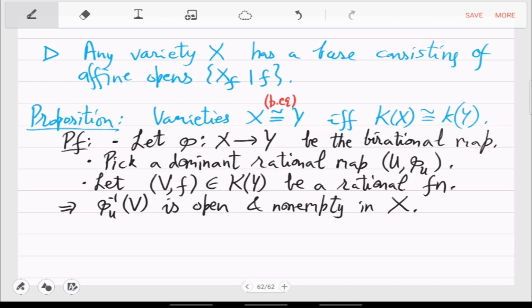This is the thing which needed some proof actually. In the case of morphism, this was already an axiom, but in the case of rational map, it is not. So you have to prove that the pre-image of any open set is non-empty and open.